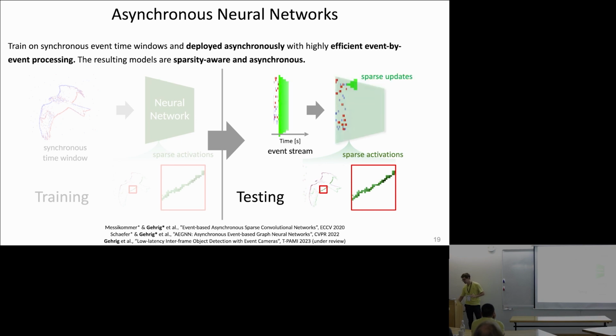So here what you're looking at on the right is now a sideways view of this set of events. And over time, we're now inserting new events into this window. And then what we want to do is find out how new events actually impact the output of the network, right? We want to have at the output a very high temporal resolution prediction from our network.